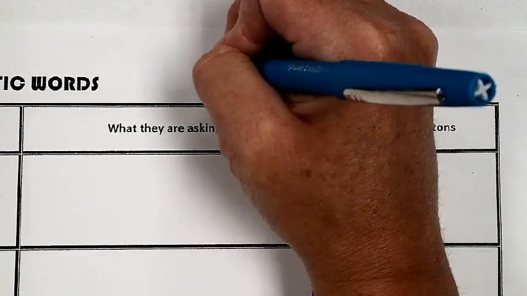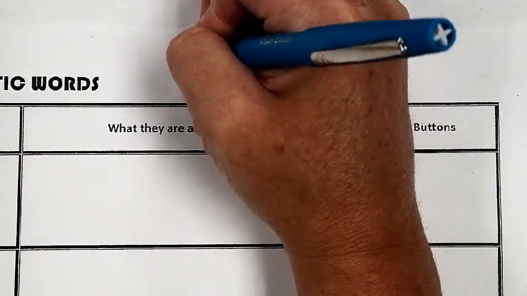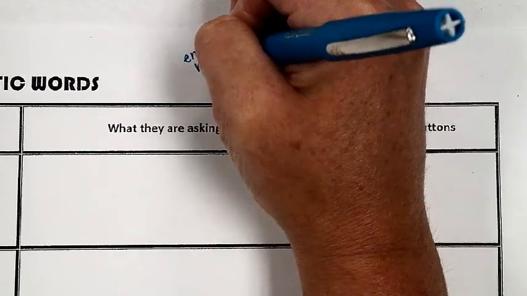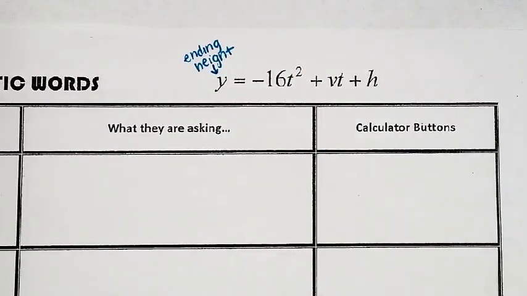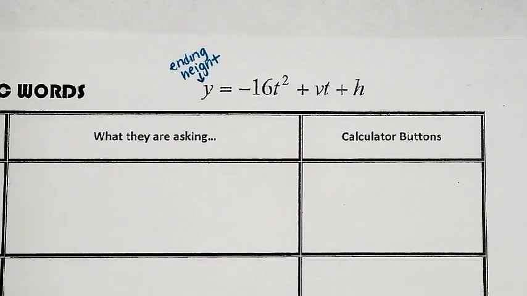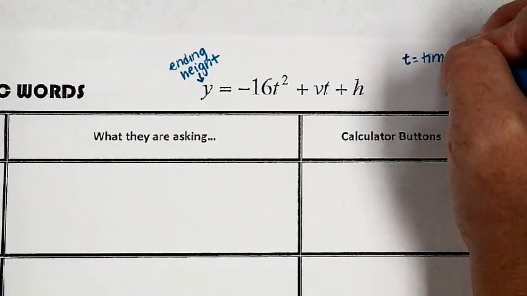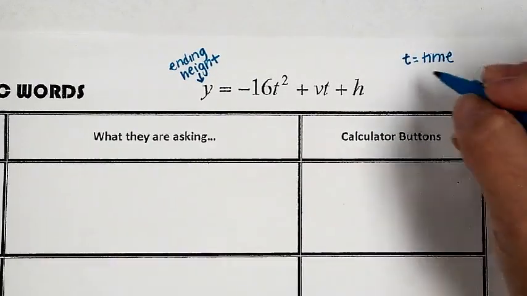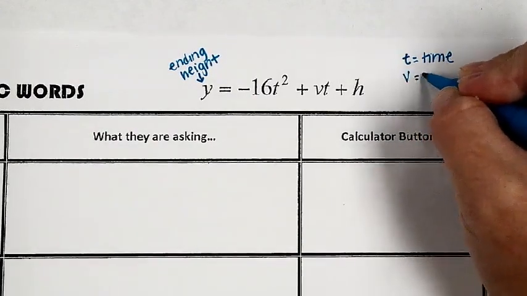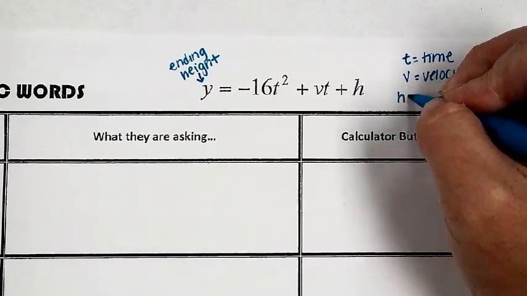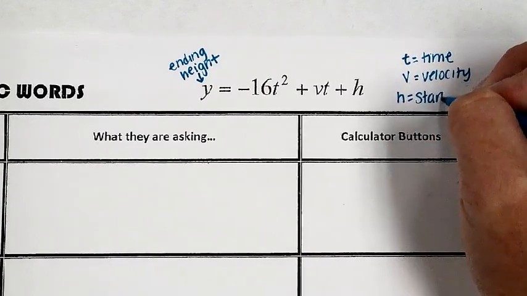Your y here is your ending height. Your t is your time. V is your velocity. And h is your starting height.